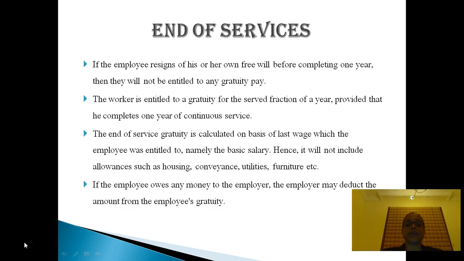The end of service gratuity is calculated on the basis of the last wage the employee was entitled to, namely the basic salary. Hence, it will not include allowances such as housing, conveyance, utilities, furniture, etc. If the employee owes any money to the employer, the employer may deduct the amount from the employee's gratuity.